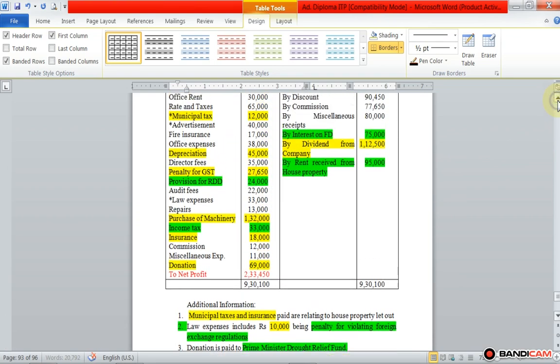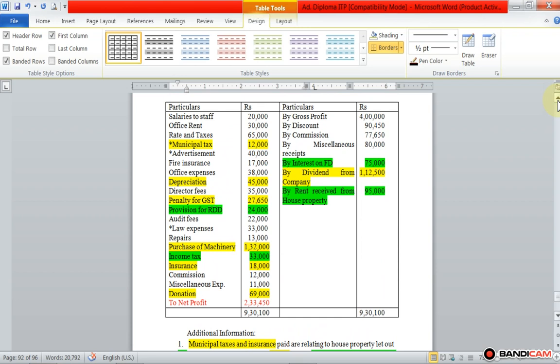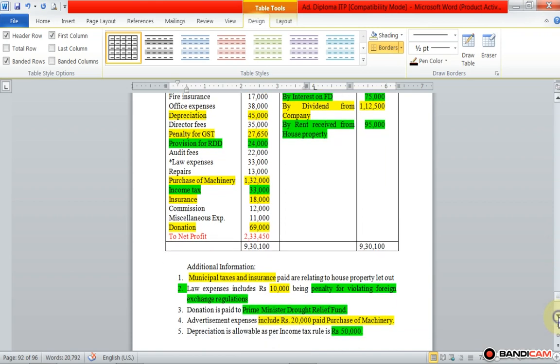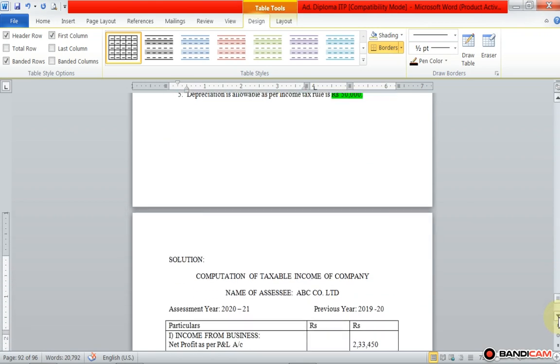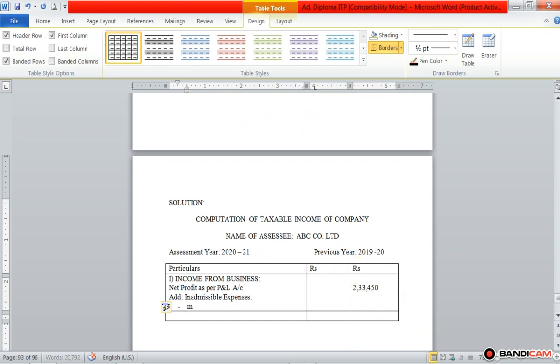First, municipal tax relates to the house property, rupees 12,000, so municipal tax is disallowed. Municipal tax amounting to rupees 12,000 goes in the inner column.